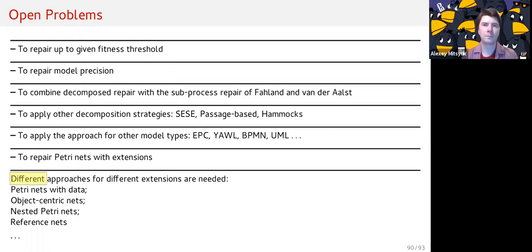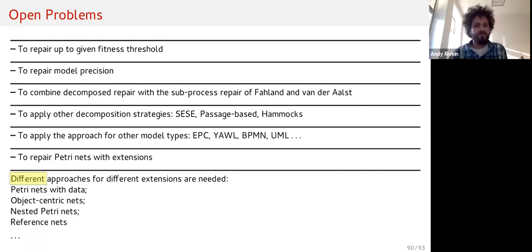Exactly. It speaks for itself, right? Although there are already conformance checking techniques for models with extensions, for example, the model that Massimiliano was talking about during one of the last presentations.